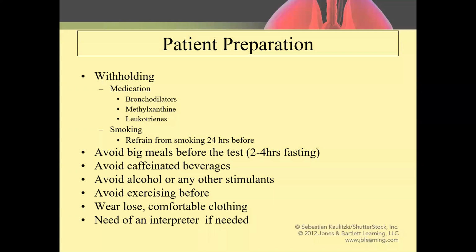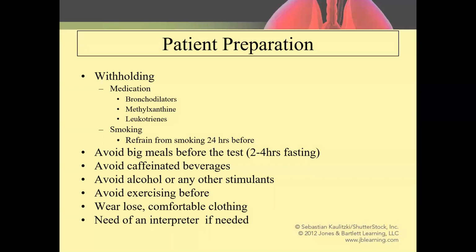One of the schools of thought is that technically caffeine is a methylxanthine. It's in the category. It's not as potent a bronchodilator as theophylline, which is moderately so.